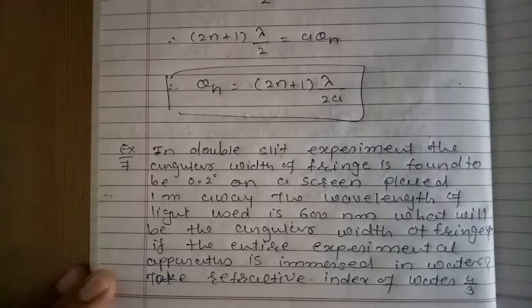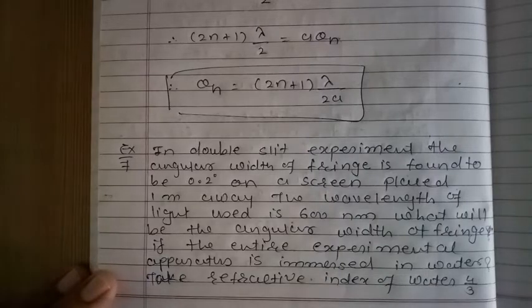But we already discussed that if the medium is changed then wavelength also changes. So our new wavelength lambda dash is equals to lambda by n, right? So our new angular width theta dash is equals to theta by n.